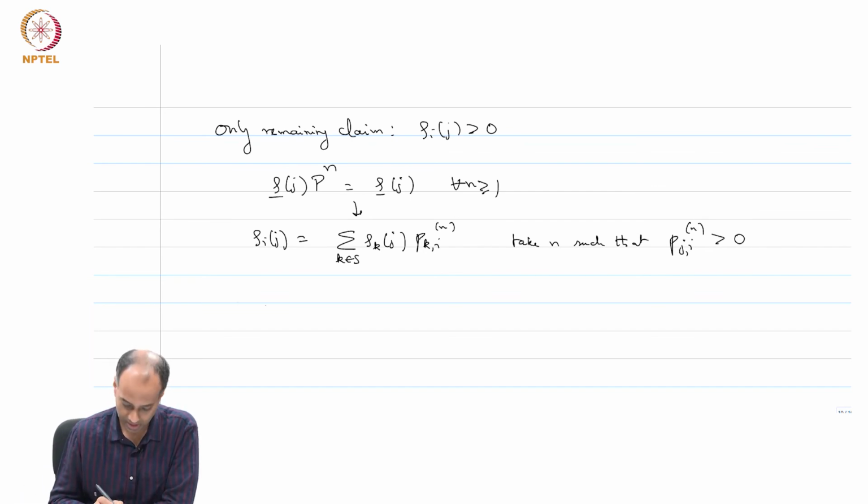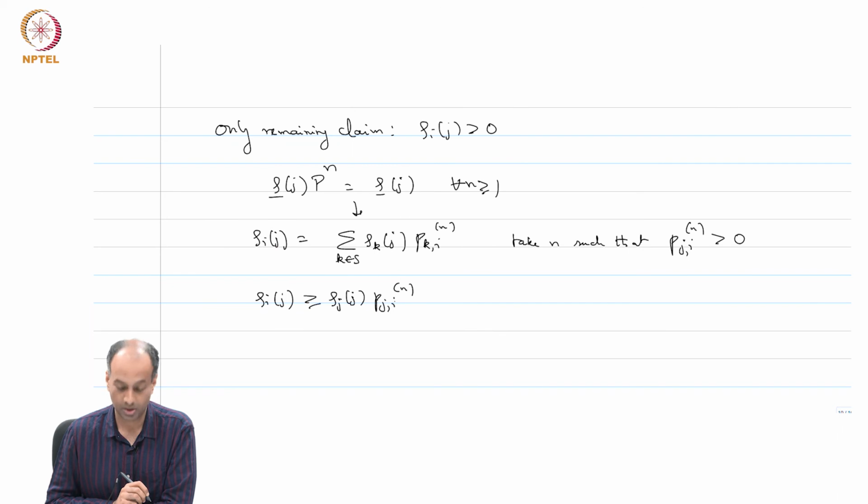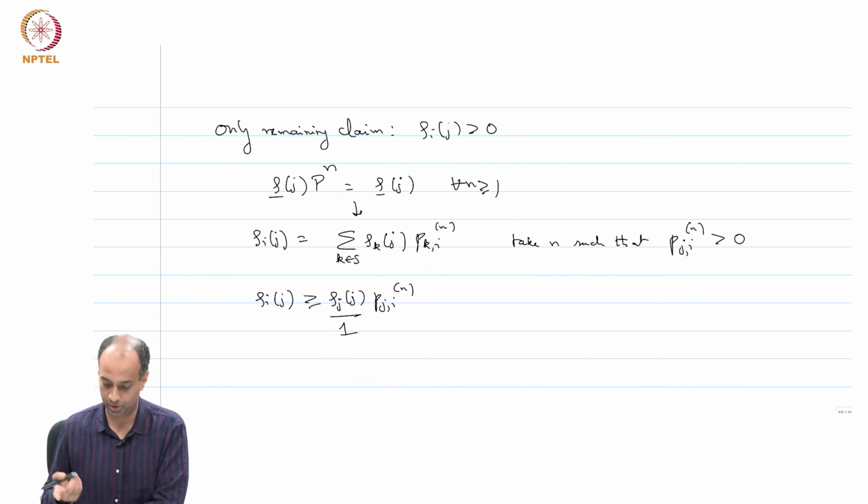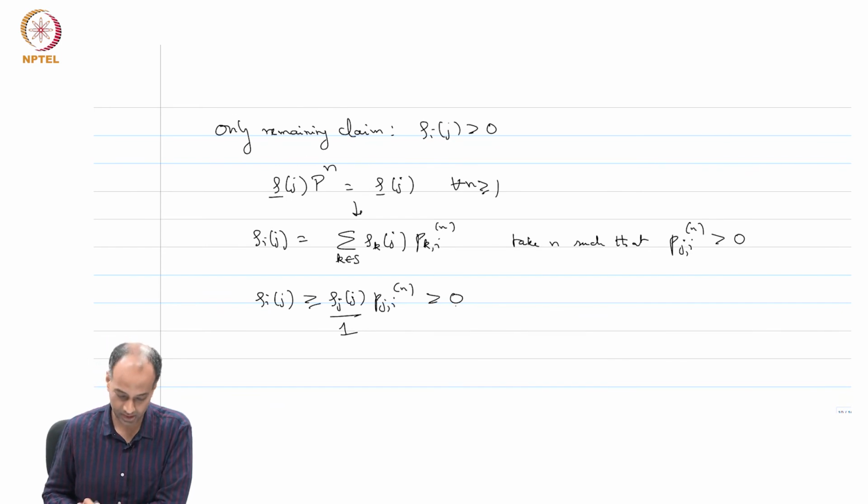Then I will get ρ_i(j) is greater than or equal to ρ_j(j) p_ji^(n). Now, ρ_j(j) is simply equal to 1 and p_ji^(n) is strictly positive for some n. Since this is true for all n, you can take such an n for which this is strictly positive. So you get it strictly positive.